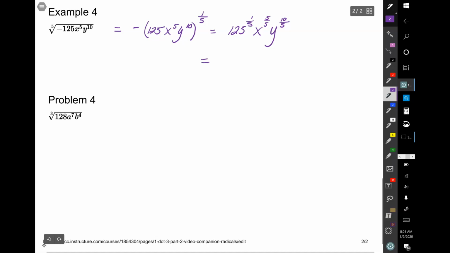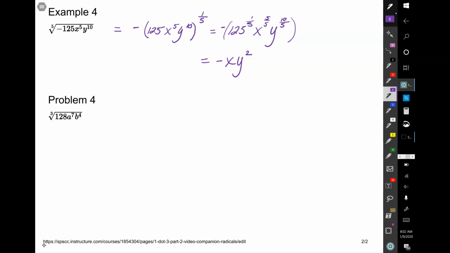I'm just giving more detail for the video. I can't forget my negative there. So what I can pull out here is going to be the negative I have. I can pull out x, and I can pull out the y squared. That reduces down.